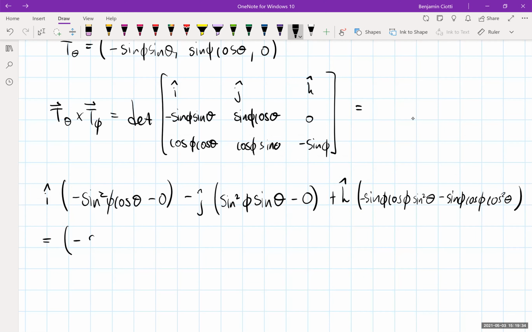There we have sine squared theta cos theta, sine squared theta sine theta, and sine theta cos theta.